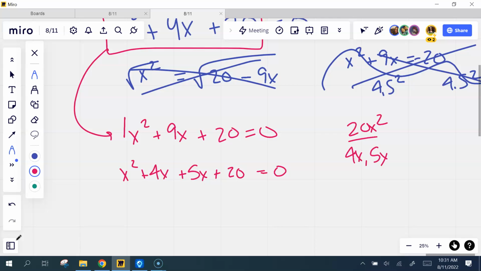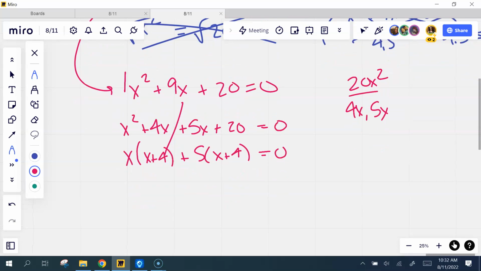Because the leading coefficient is 1, you could just say x plus 4, x plus 5. But we are going to long cut it. I have x plus 4 times x plus 5, because when there's no operation indicated in the middle like that, we know that means multiply.